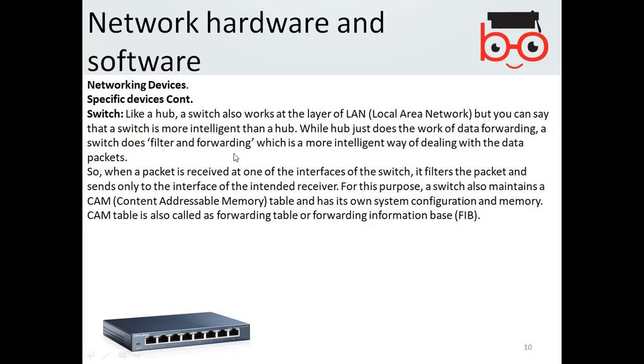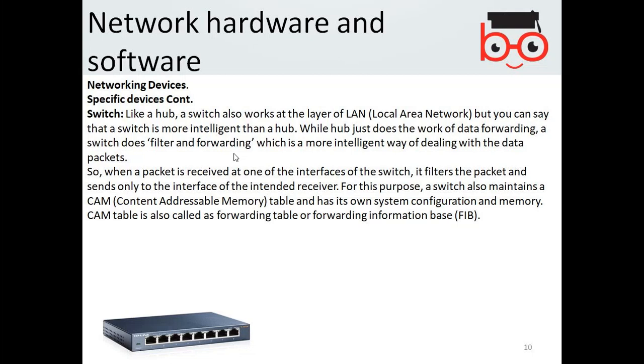The switch does not repeat and send the data packets to every host on the network, but it first filters to whom it wants to send and on which port the data is to be sent. Then the switch forwards, which is a more intelligent way of dealing with the data packet.